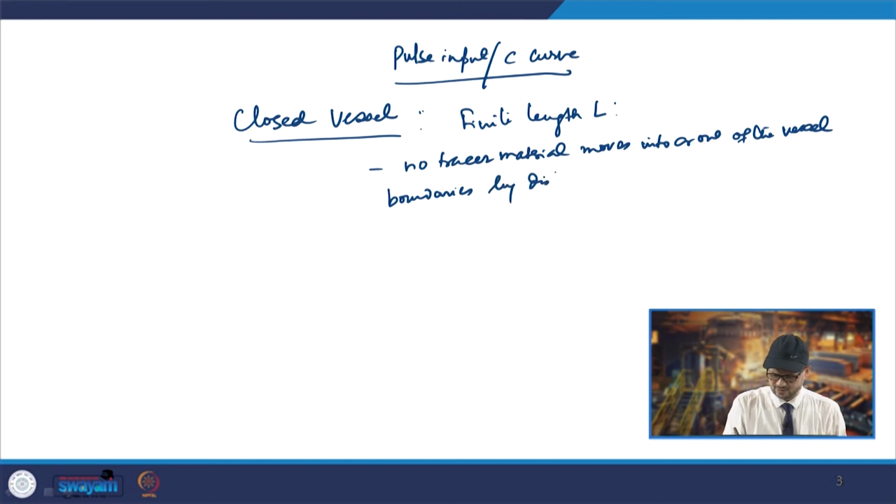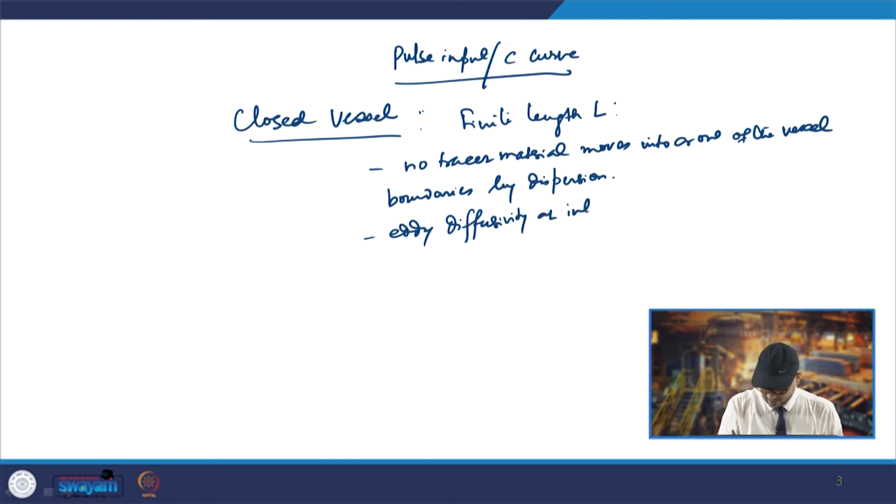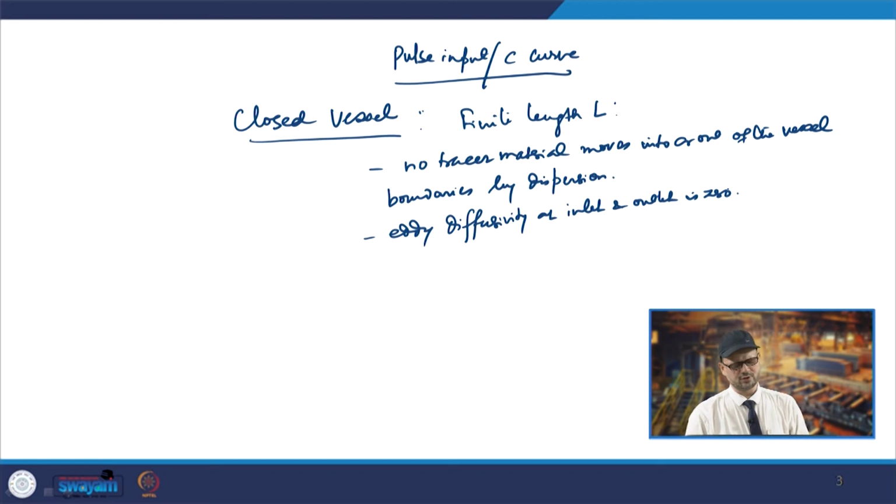So, that is the definition of the closed vessel. In this case the eddy diffusivity at the inlet and outlet is 0.